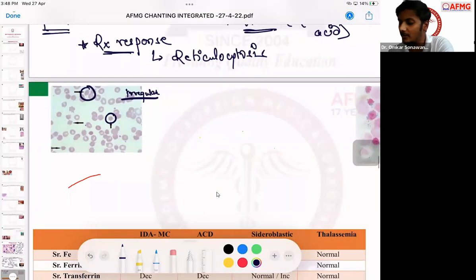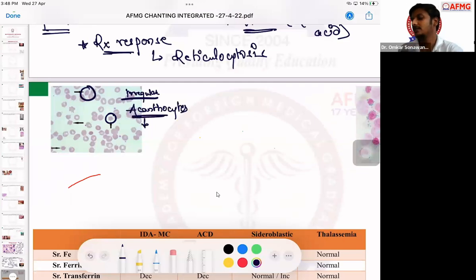These type of RBCs are called acanthocytes. Irregular spikes on the RBC surface are acanthocytes.